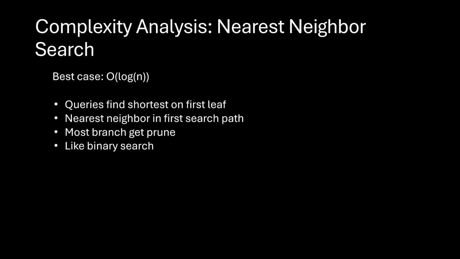So in the example that I talked about, we have backtracked, and we have two options when we compare the distance to the nearest splitting plane and the best distance.